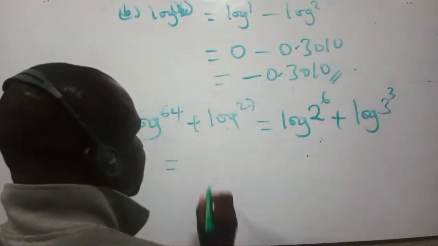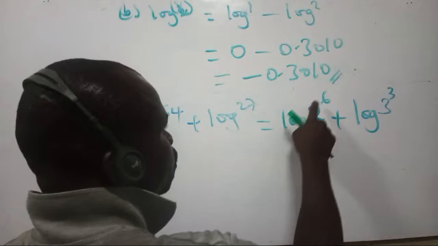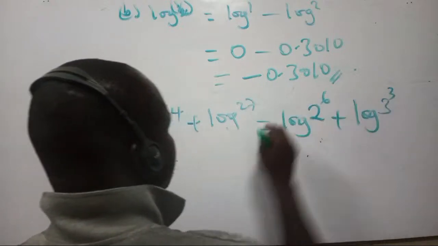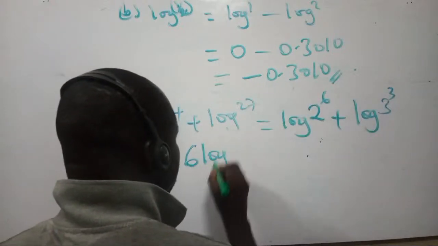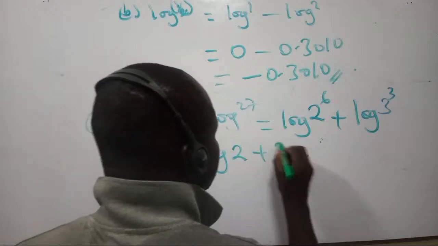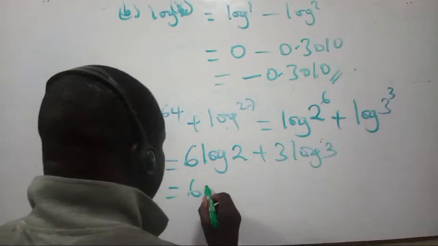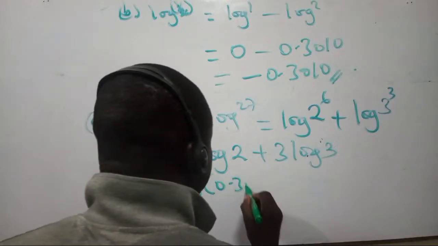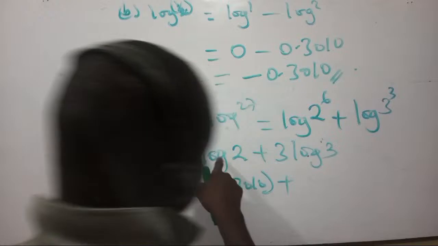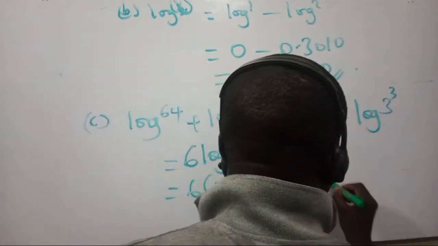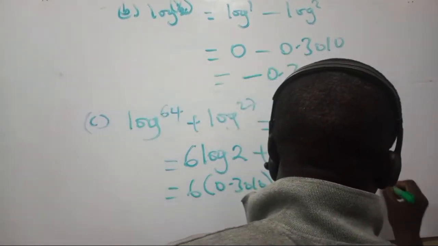Then from there, the third law, this 6 and this 3 can come down, so that I will have 6 log 2 plus 3 log 3. And that's what we are going to get. So this will be 6 multiplied by 0.3010, that is the value of log 2. Then 3 multiplied by 0.4771.